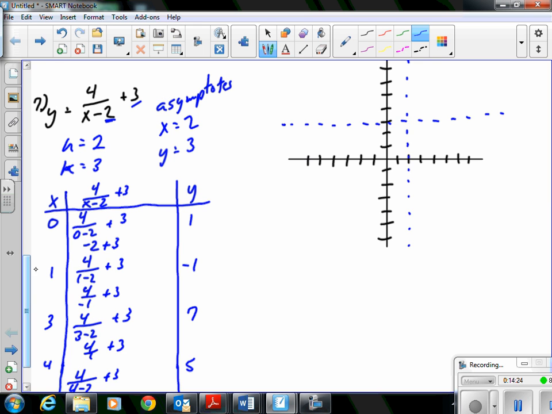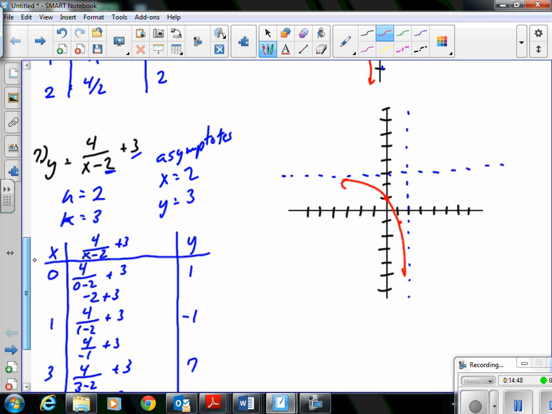So we got the point 0, 1, and then 1, negative 1. So we're going to have a graph that looks like that on the left side. Then we got the point 3, 7 and 4, 5.